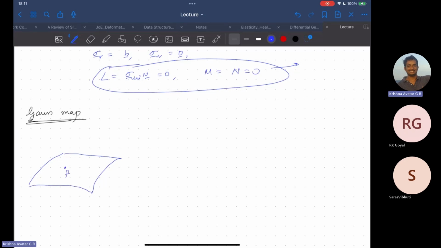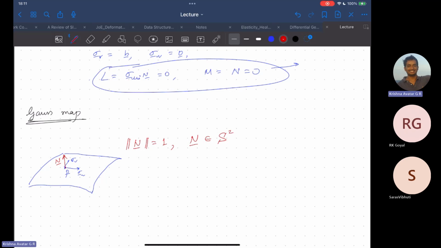Take this point P vector. This has the sigma u, this has sigma v, and the normal will be given by n vector. Recall that the normal vector is always unit normed, right? It always has a value of 1. So which means that n vector is an element of S2.